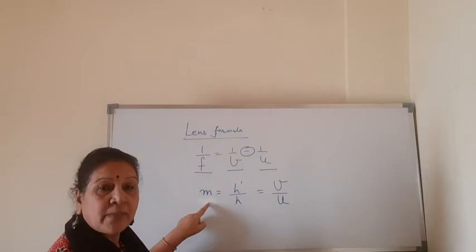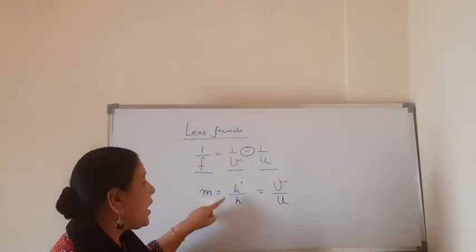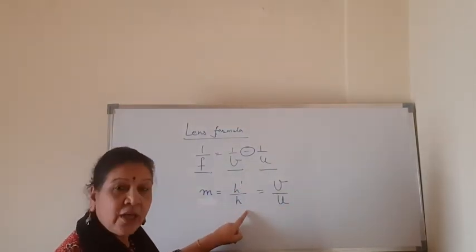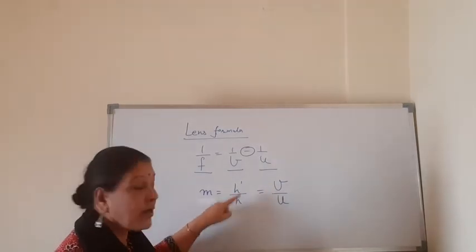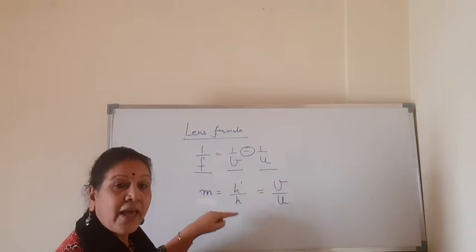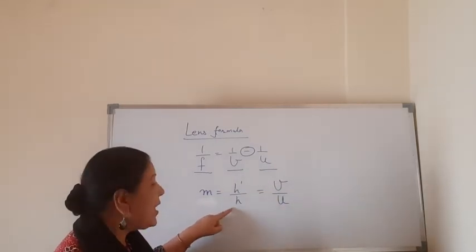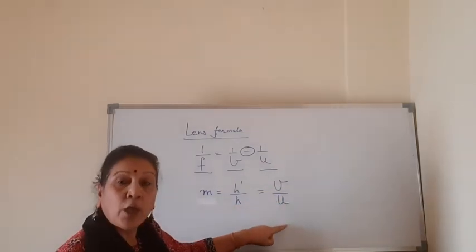Magnification, which is denoted by small m, equals h dash by h, is equal to v by u.